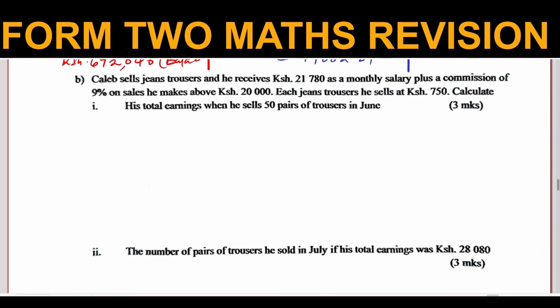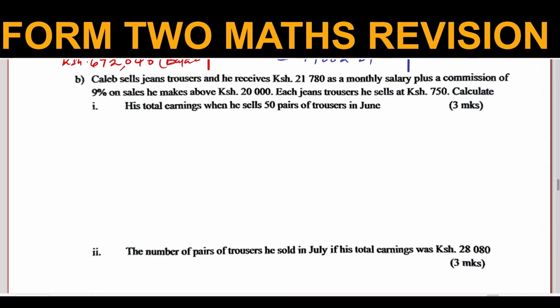Caleb sells jeans trousers and he receives 21,780 as a monthly salary plus a commission of 9% on sales he makes above 20,000 shillings. Each jeans trousers he sells at 750 shillings. Calculate 1. His total earnings when he sells 50 pairs of trousers.